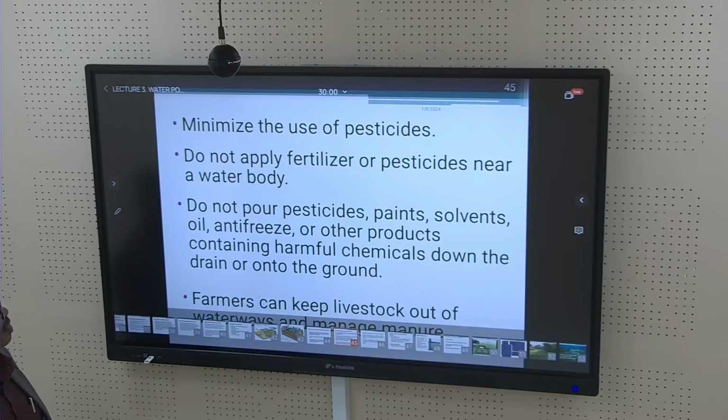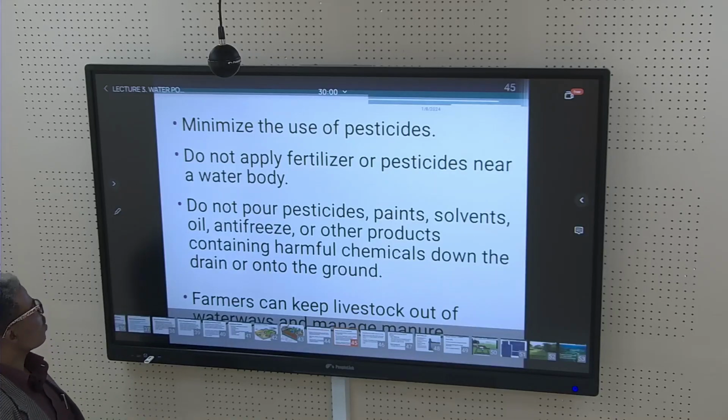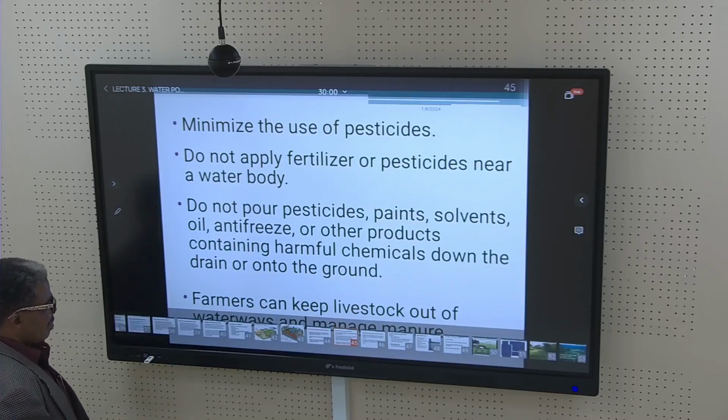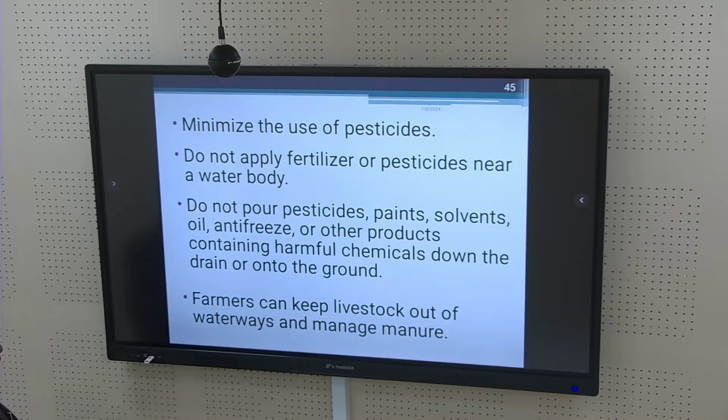Do not pour pesticides, paints, solvents, oil, antifreeze, or other products containing harmful chemicals down the drain or onto the ground. Farmers can keep livestock out of waterways and manage manure.